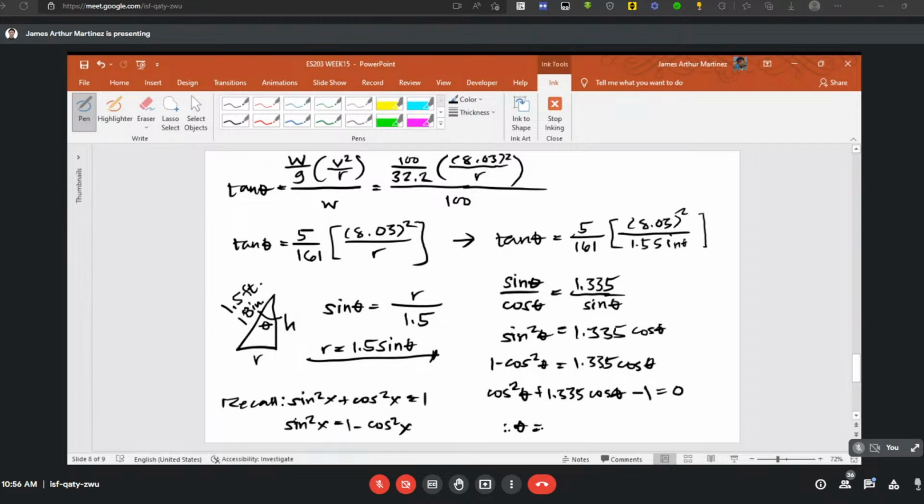Therefore, angle theta is, how much is it? Angle theta is just equal to 57.669 degrees.